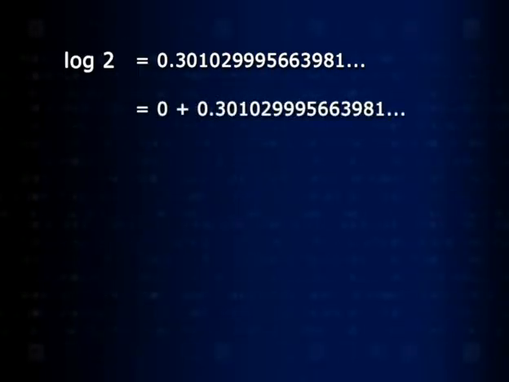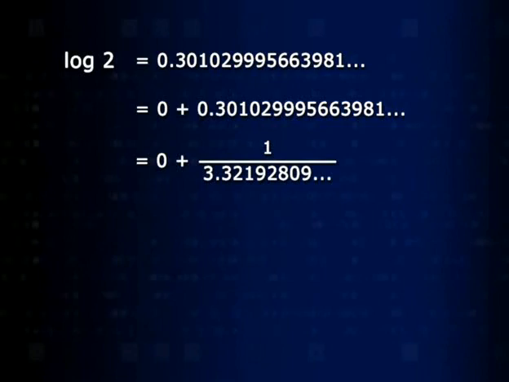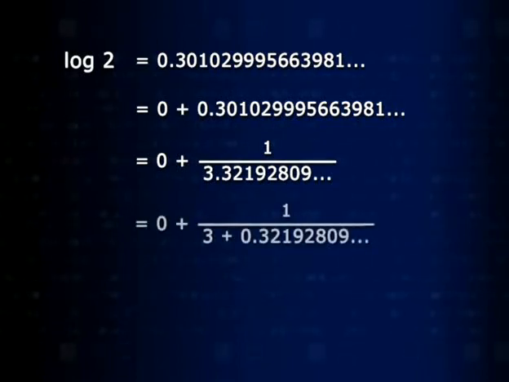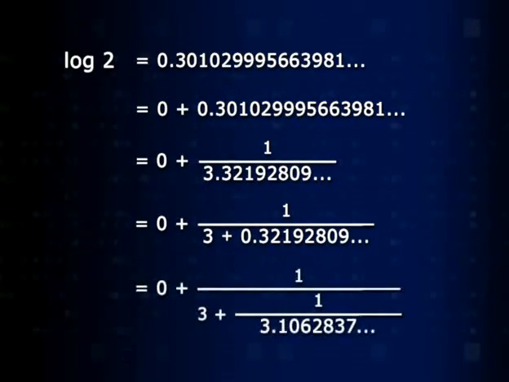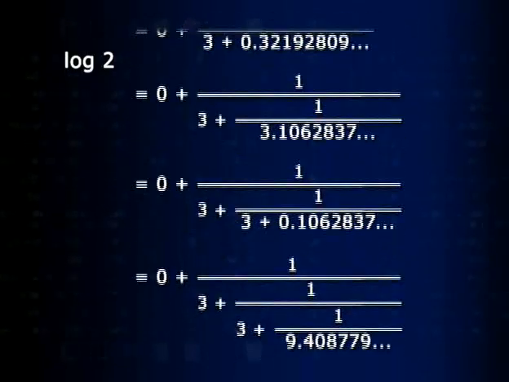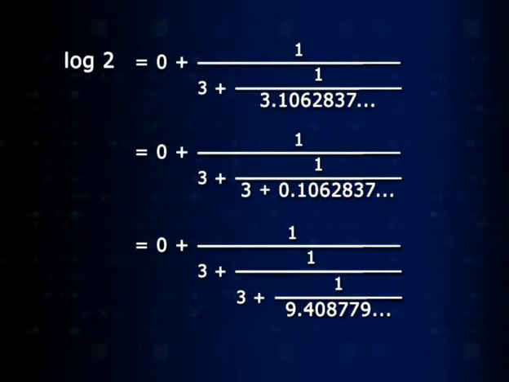So we have 0 plus 0.30 stuff. We write it as 1 over the reciprocal, which would be 1 over 3.32 stuff. Pull off the 3, and then have 3 plus the fractional part, 0.32 stuff. Write that as 1 over 3.106 stuff. Rip off that 3, take what's left over and write it as 1 over 9.4, and so on.